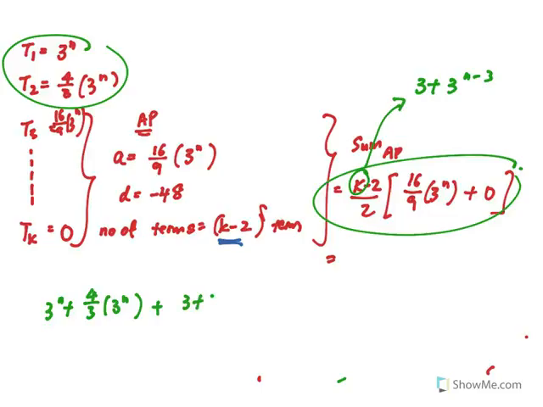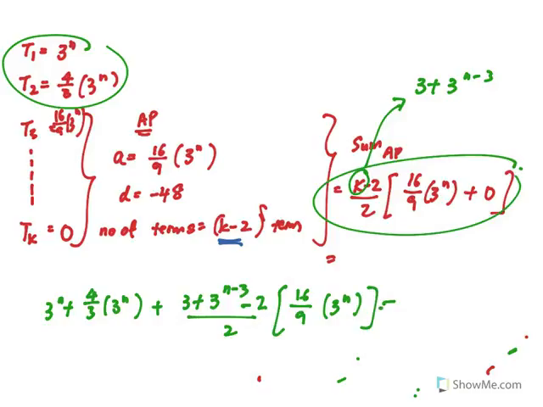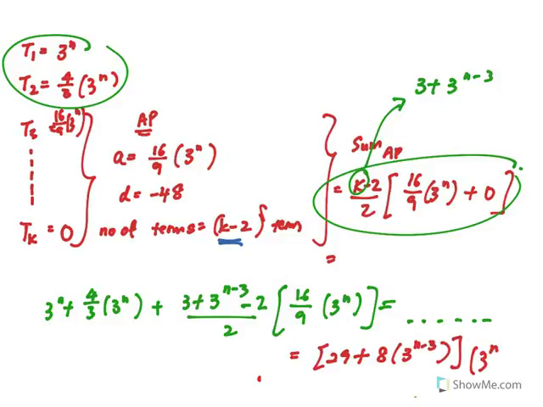This is the same as 3 plus 3 to the power n minus 3 minus 2, over 2, times 16 over 9, 3 power n. I'm going to let you try to simplify things on your own, and from here you can give it a try. Eventually, you will get your answer to be 29 plus 8 bracket 3 to the power of n minus 3, and 3 to the power of n minus 2.